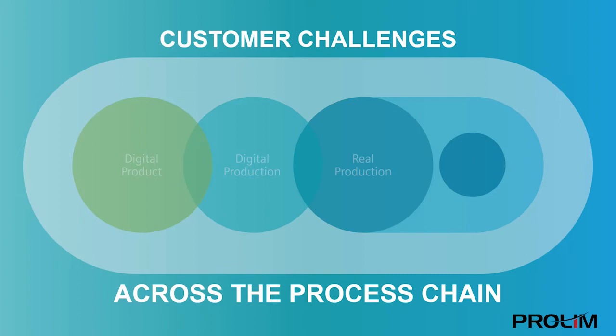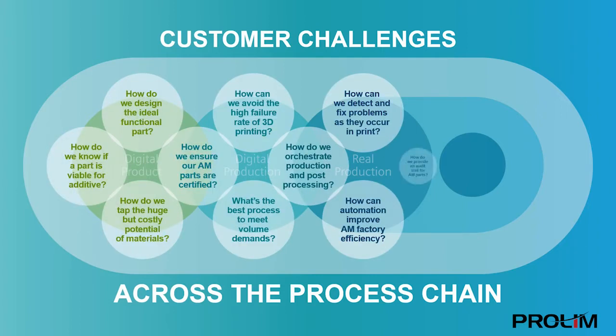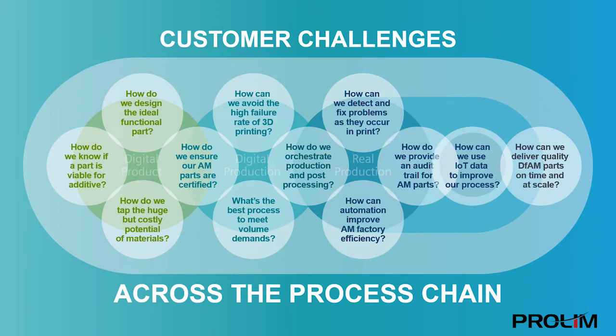And as we've talked with our customers in the field, we find that they have challenges across the entire digital thread. And these customers have questions at every step along the way. So you need to understand things like how do I assess opportunities and optimize my designs for additive? How do I go about finding and using the proper materials?